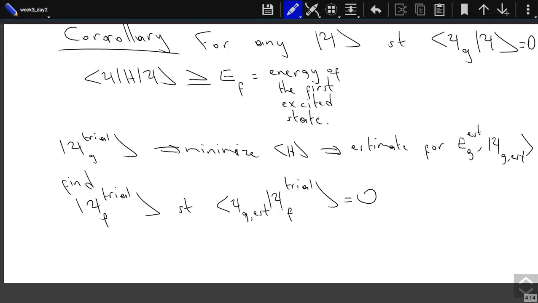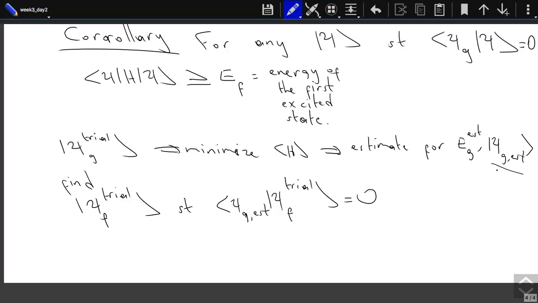For the energy estimate for the ground state, after we obtain it from the trial, how do we rearrange the new estimate for the ground state in the first line? Now, in the first line, your trial wave function will depend on these parameters that you have. You find the values of those parameters by minimizing the matrix element of H. For those values of the parameters, you have an estimate for the ground state.